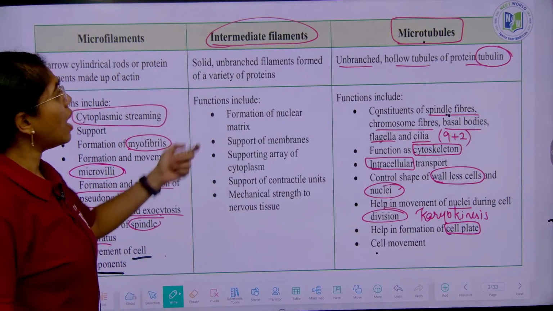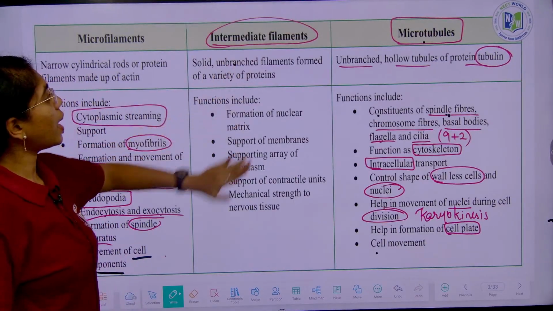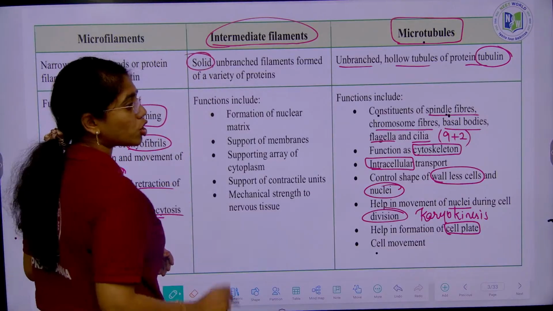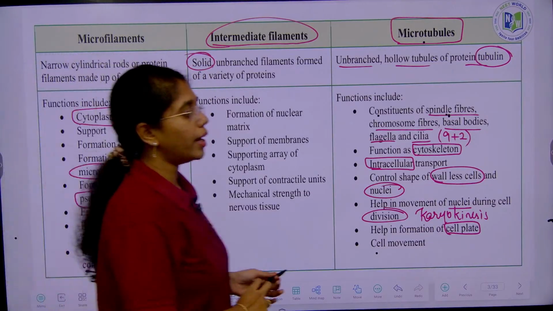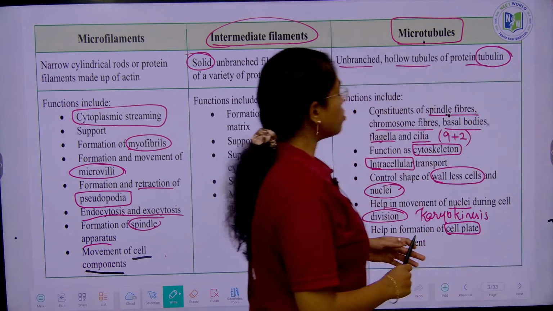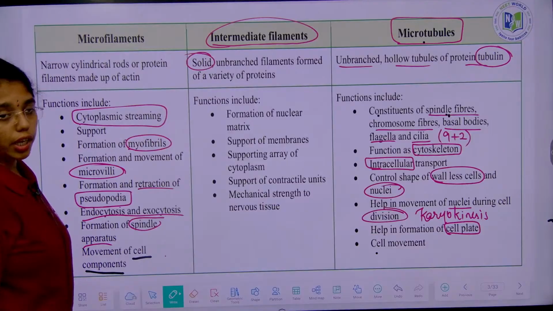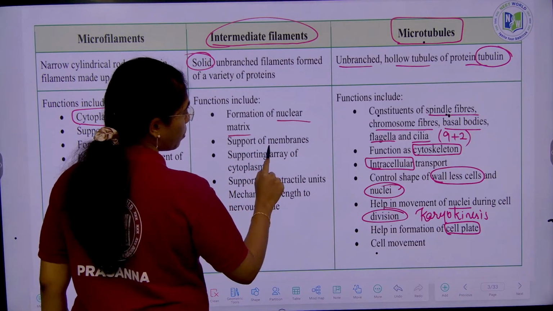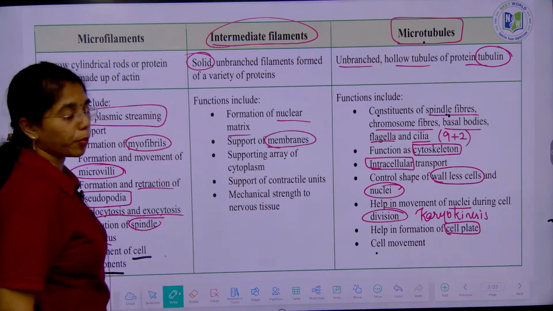Next is intermediary filaments. These are also unbranched structures. They are formed by a variety of proteins, but these proteins are solid. Their functions include formation of nuclear matrix and support of membranes.